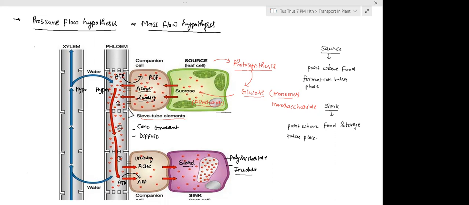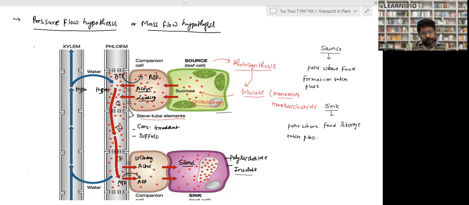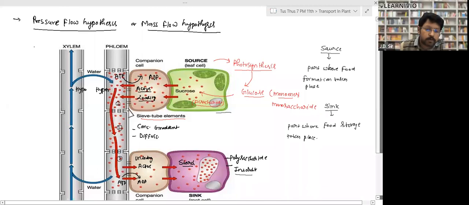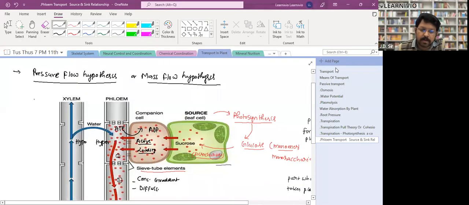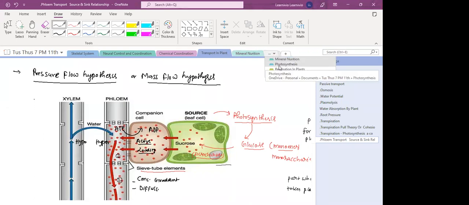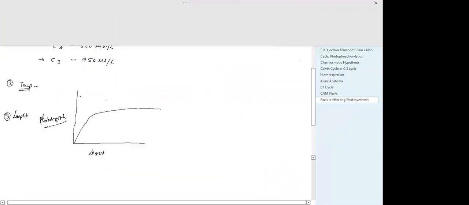Yes, same, 6th of March onward. Okay, no issue. So next, we start with photosynthesis. I'll skip the mineral nutrition chapter, as I think mineral nutrition is out of your syllabus. It's not in your syllabus. Yes, it's not there.